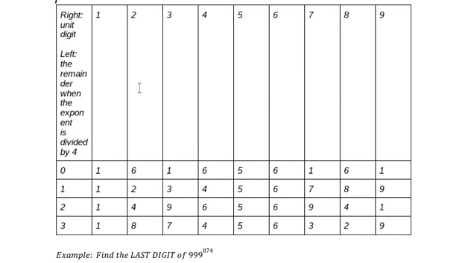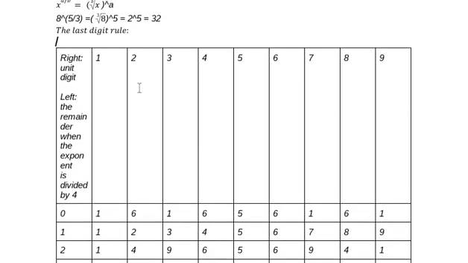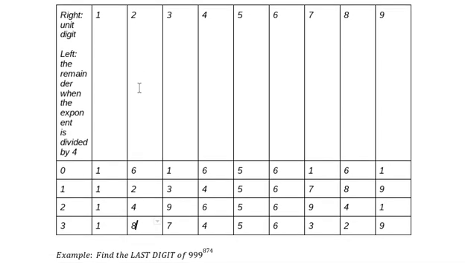Now let's talk about the last digit rule, which is very important because this is an easy way for you to decide the last digit. So basically you can decide this through the unit digit and the exponent. This is a complete table, but I'm going to tell you how to deduce this table.